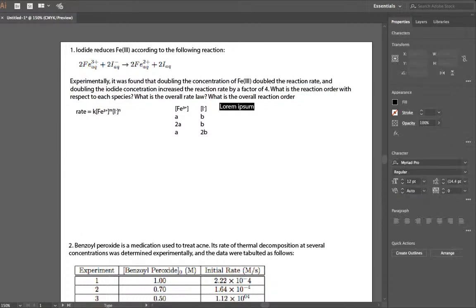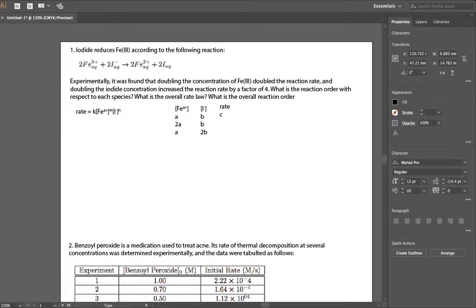And then the rate: firstly the rate was C. That was where we started. If the concentration of iron 3 is A and the concentration of iodide is B, the rate would be C molars per second.